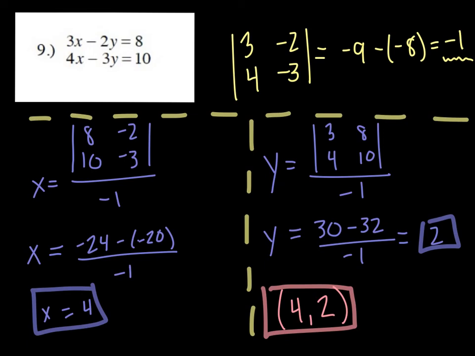Alright, I'll do that last one on the page with you guys as well. So let's go to number 8. Okay, keep on moving along here. Two equations again. 3x plus 4y equals 2. 2x plus y equals 3. So let's find the determinant of that left side there where our variables are. So 3, 4, 2, 1.